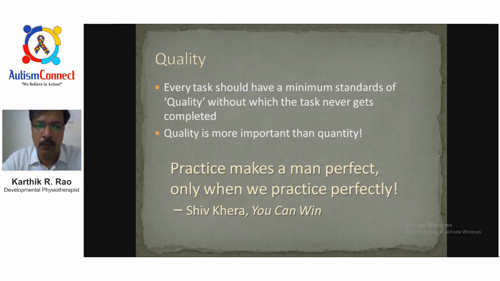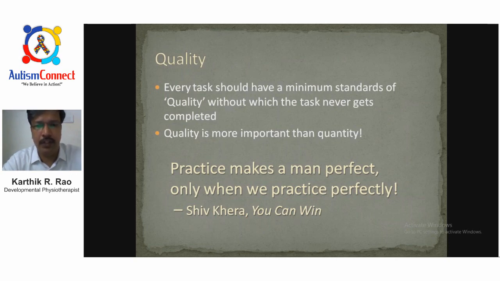Now, the quality is important, which means if the child is not giving the required quality, you will never allow the child to complete the task. If the child is not able to stack the rings, you will not put the coin inside, which means the task is not going to get completed. Why is this important? Because sometimes children just try to finish the activity without giving it due diligence or due attention.